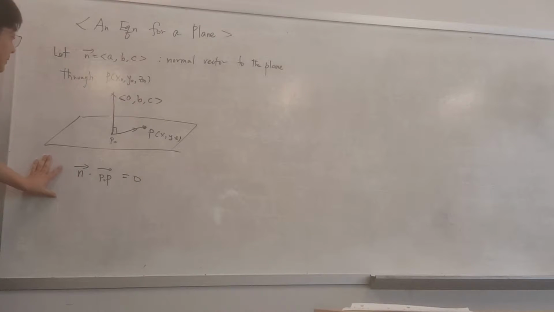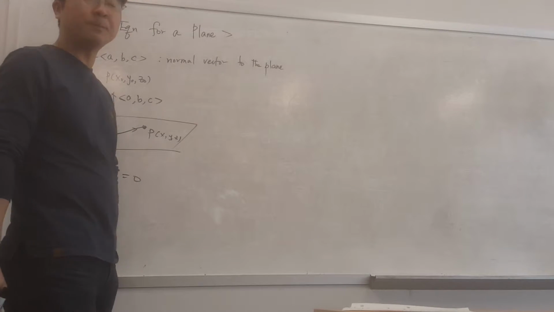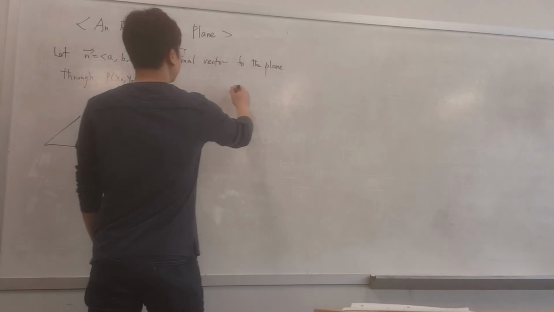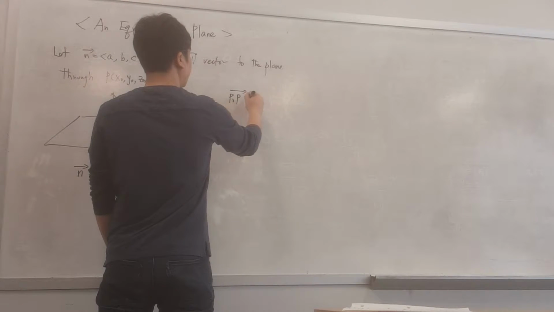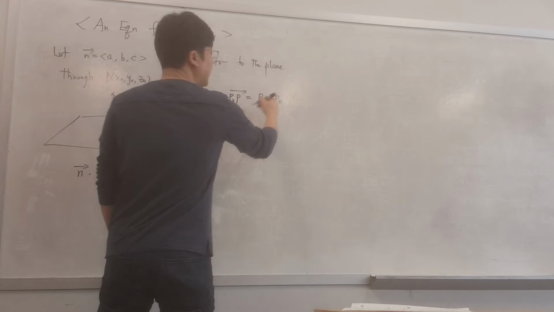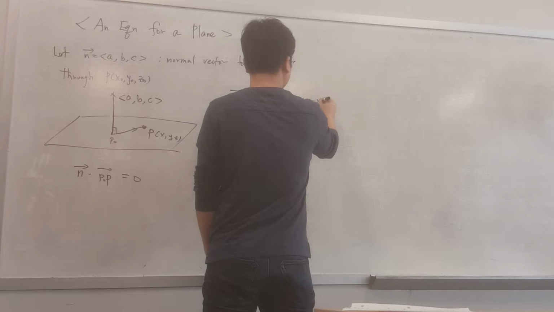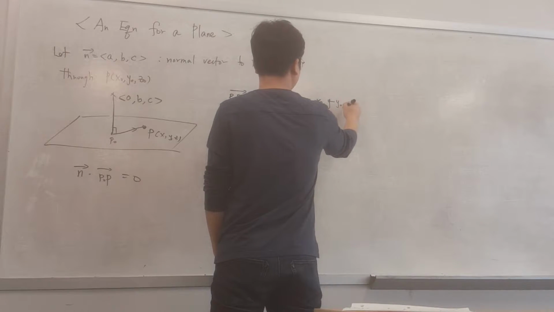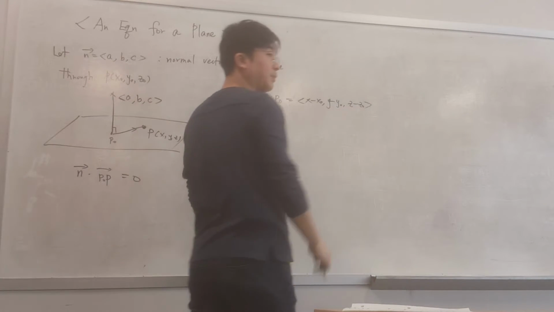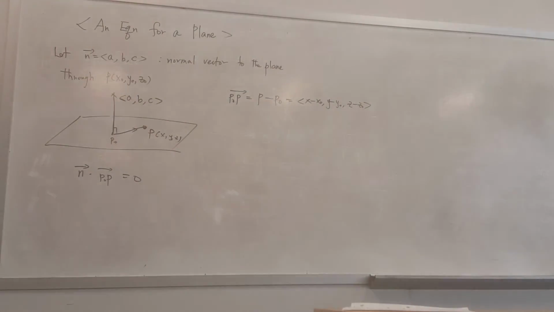So let's derive it. First define our P dot P vector. This is P minus P dot. As you know, it will be x minus x dot, y minus y dot, and g minus g dot vector. Good? Good?